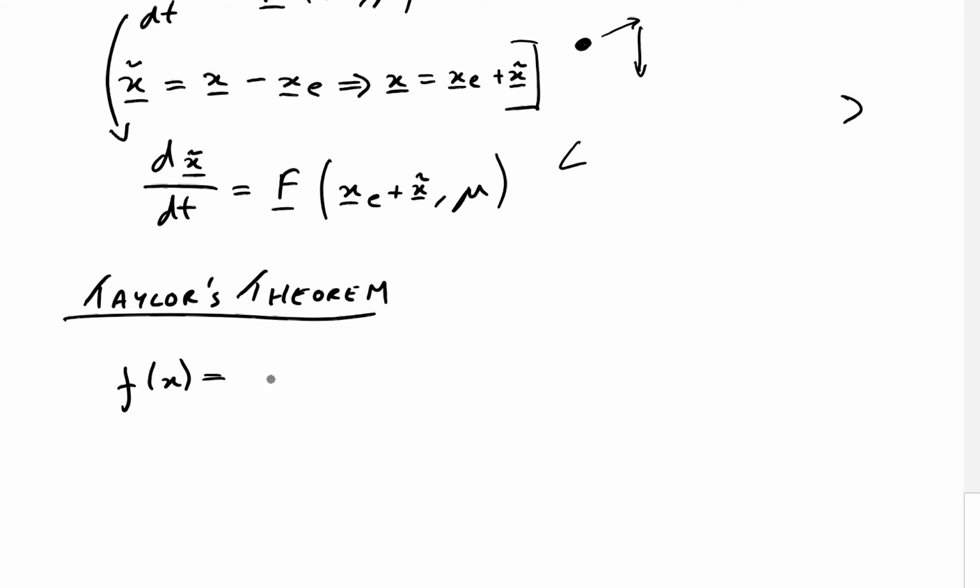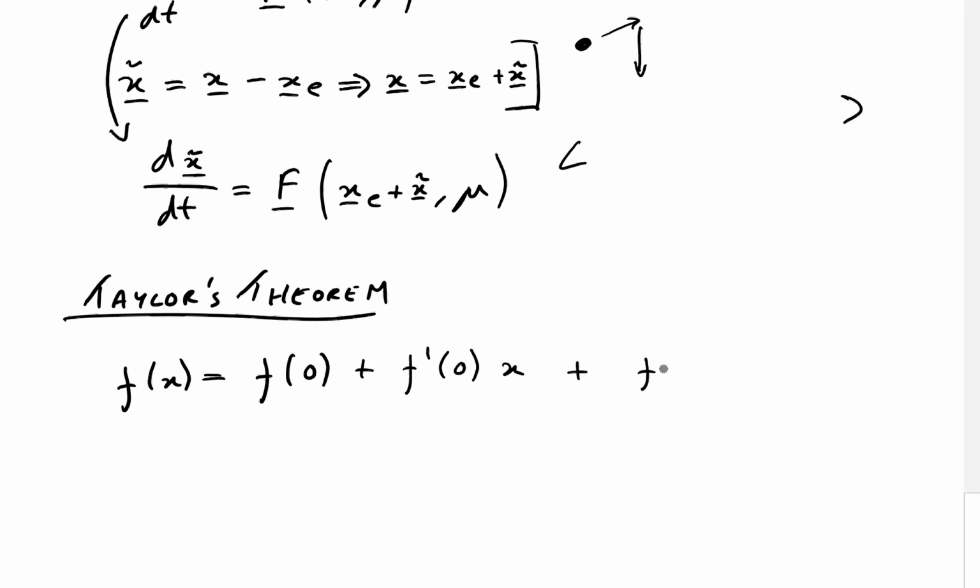That's going to be represented as the function evaluated at 0, plus the function differentiated and then evaluated at 0, times x, and then we're going to have all these higher order terms.